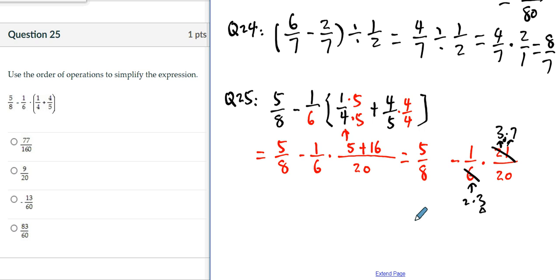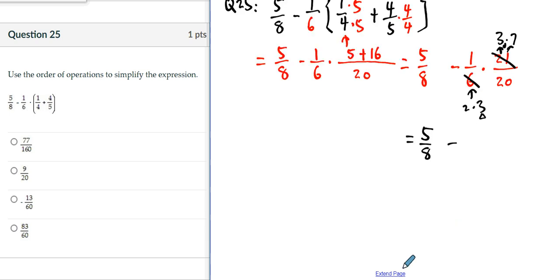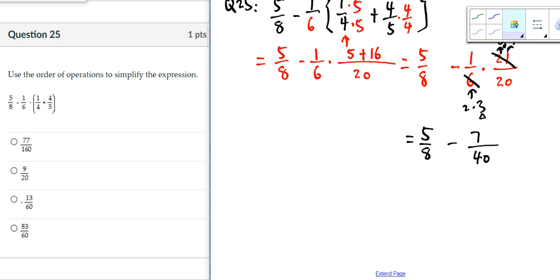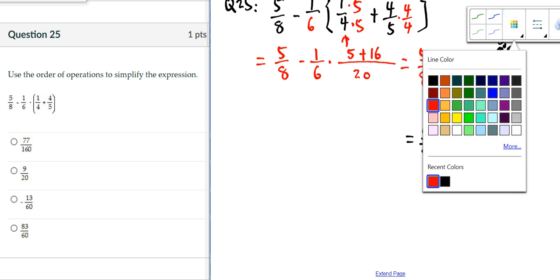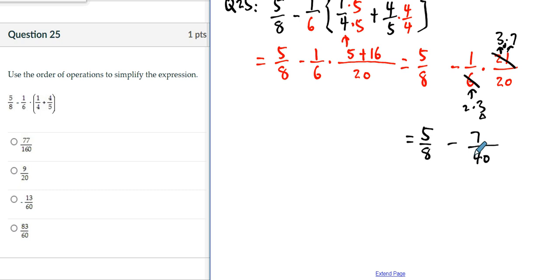Okay, so what do we get? 5 over 8, copied. Always patient. And then 3 cancelled. What's left upstairs? 1 times 7. Downstairs, 2 times 20. Is that 40? This will make the denominator smaller. Okay, now you want to add those two fractions together. 40 divided by 8 is 5.